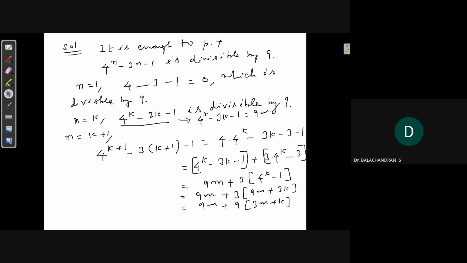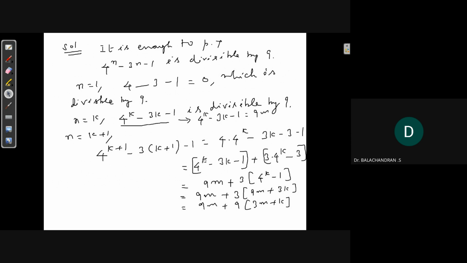Now we are going to prove the statement is true for n equal to k plus 1. So n equal to k plus 1 means 4 power k plus 1 minus 3 into k plus 1 minus 1, which is equal to 4 into 4 power k. You can write 4 power k plus 1 minus 3k minus 3 minus 1. I split 4 power k plus 1 into 4 into 4 power k like this.